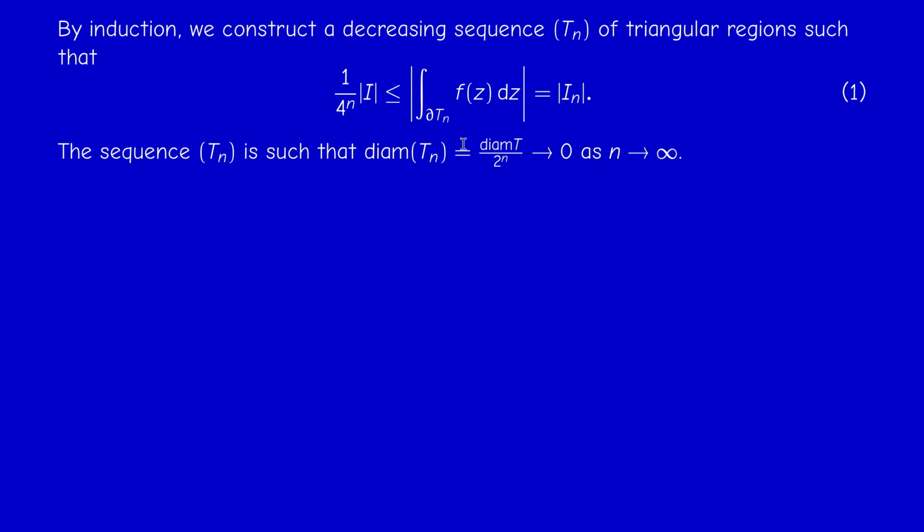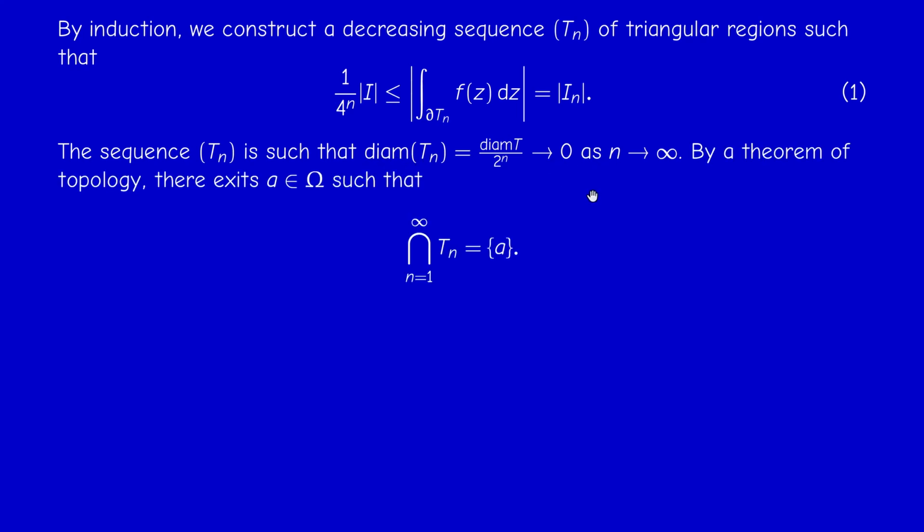Now, as you observed, the diameter of the nth triangle is the diameter of the original triangle divided by 2 to the n, because at each step it is divided by 2. So the diameter of Tn tends to 0 as n tends to infinity. And this was clear from the picture.